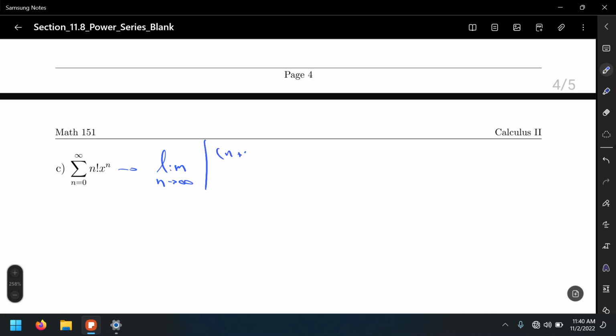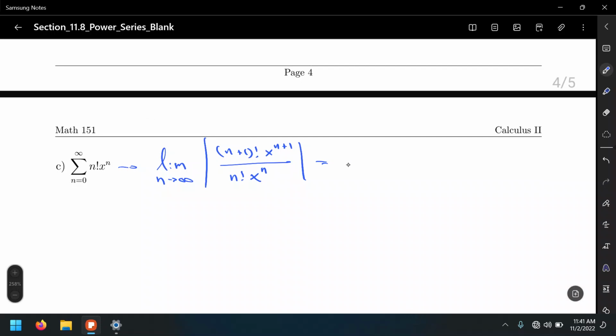That's n plus 1 factorial x to the n plus 1 over n factorial times x to the n. That is the n plus 1 term divided by the nth term. In this case, I didn't do the multiplication by the reciprocal because we didn't have a quotient term. So let's simplify this, n plus 1 factorial divided by n factorial, so we don't have any factorials.